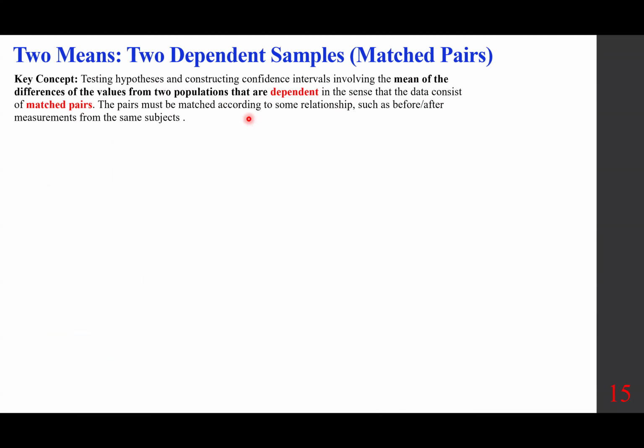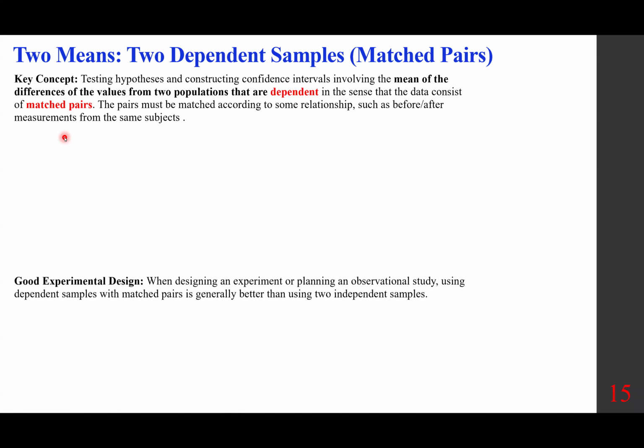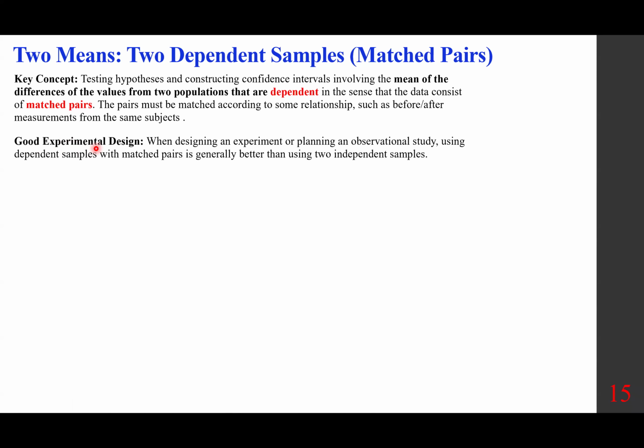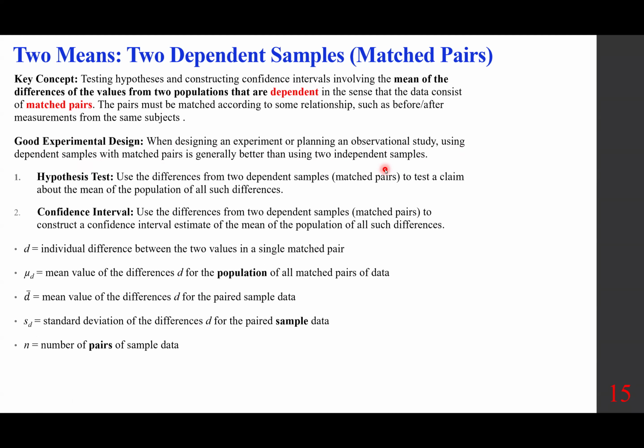The pairs must be matched according to some relationship, such as before and after measurements from the same subject. Good experimental design: when designing an experiment or planning an observational study, using dependent samples with matched pairs is generally better than using two independent samples.